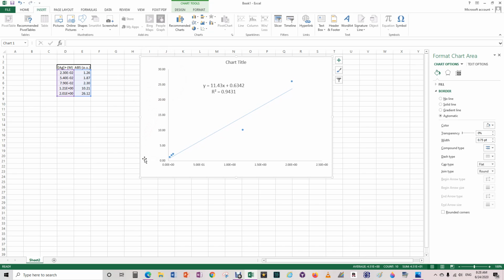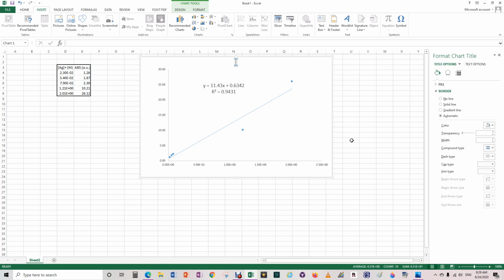Okay, so that was this, but it's not finished yet. What we need is a title. In a chemistry experiment, the title should include what you do, what you want to achieve by using the plot, and what chemical you use.